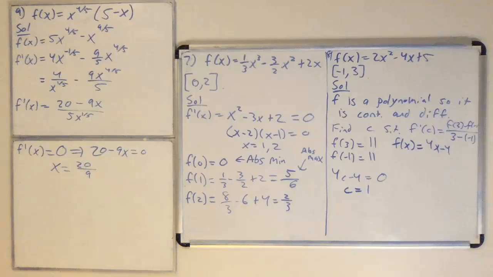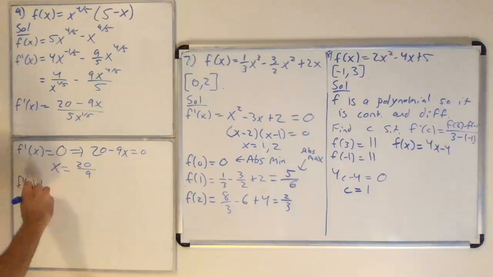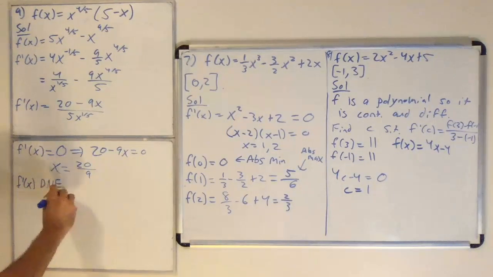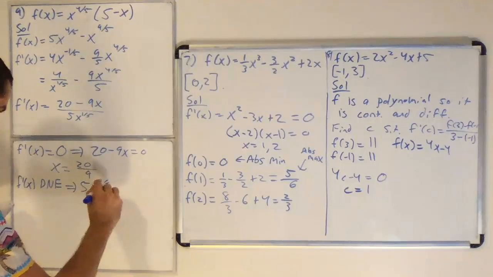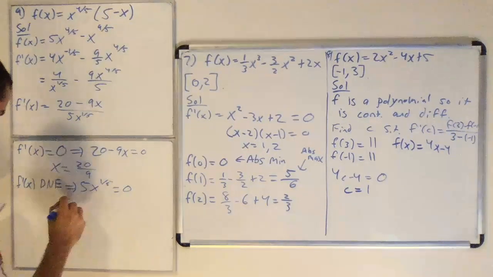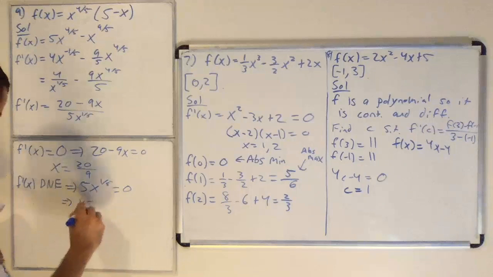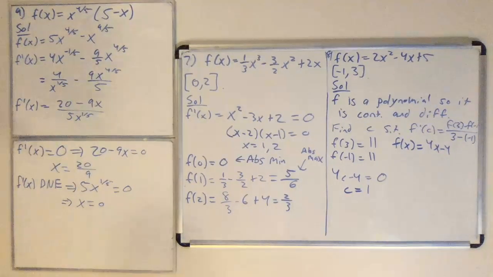So that's one of our critical numbers. F prime of x doesn't exist implies that our denominator is equal to 0, which implies that x equals 0. So our critical numbers are x equals 0 and x equals 20 over 9.